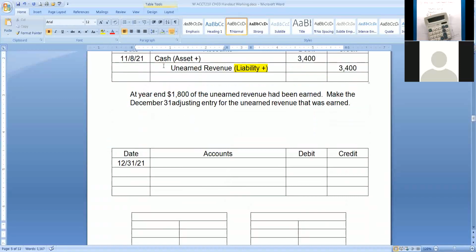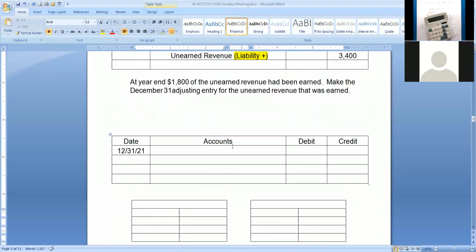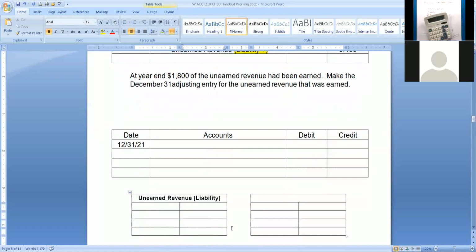We got the cash, so they already paid us. So we have unearned revenue, which is a liability, for 3,400.